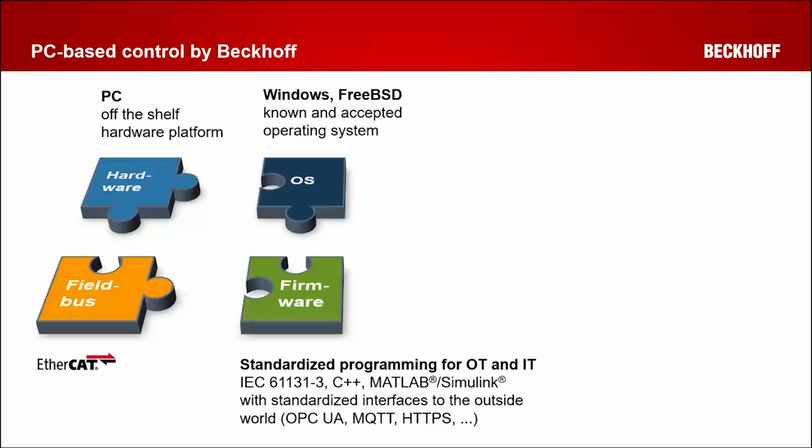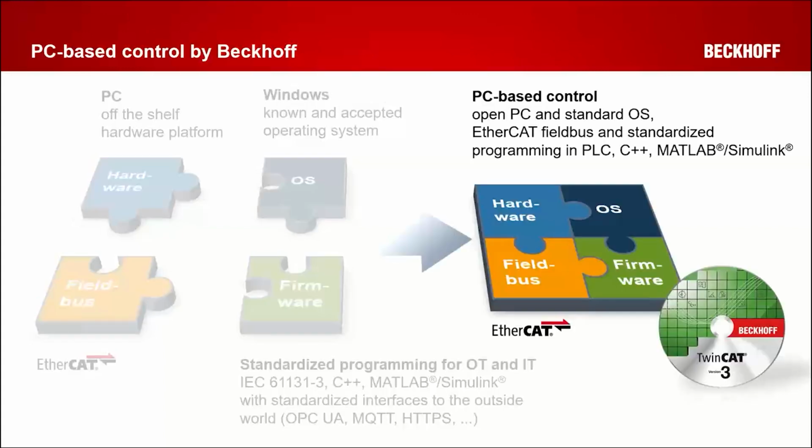Then a standard field bus, which is EtherCAT in our case, and we use standard programming tools to implement the firmware, like C++ programming, the IEC 61131, or MATLAB Simulink to generate TwinCAT modules. And we have a lot of standard interfaces to connect and interface the system. So altogether, the PC-based control is an open platform with open interfaces and open mechanisms.